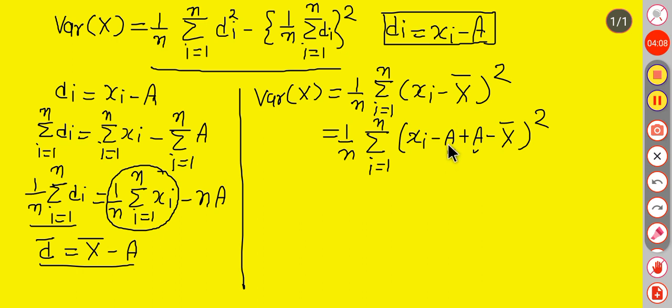Thereafter, this value you can write as di, and this value is not di but d bar.